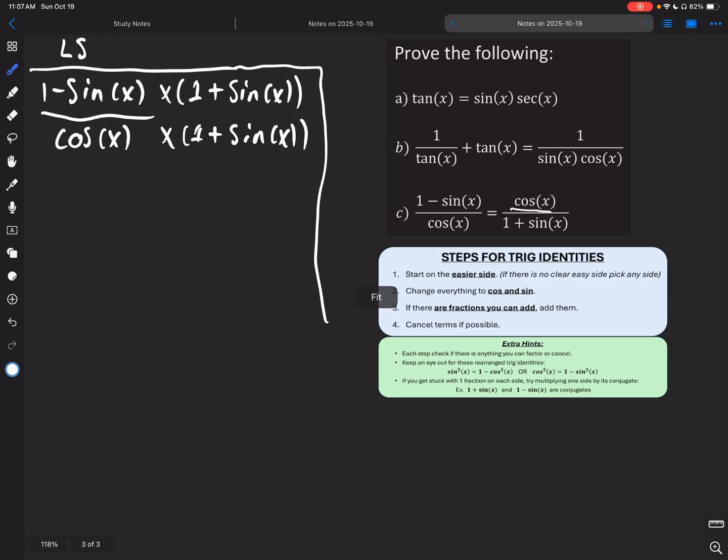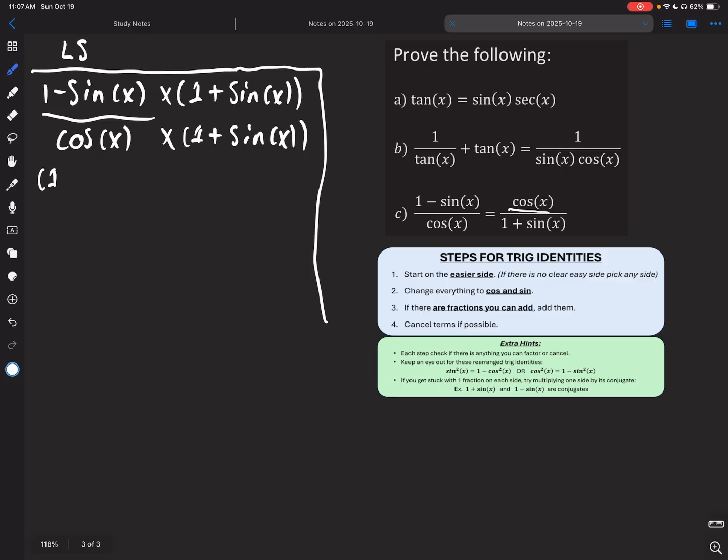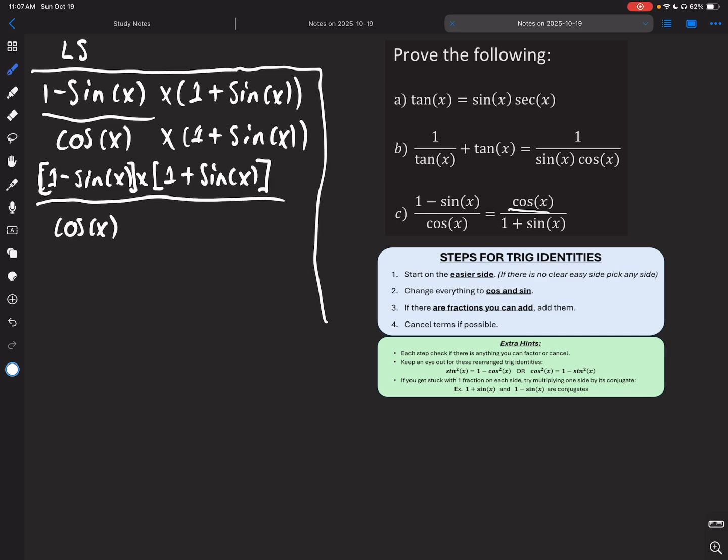Okay, so now we're going to have (1 - sin x) times (1 + sin x) all over cos x times (1 + sin x).